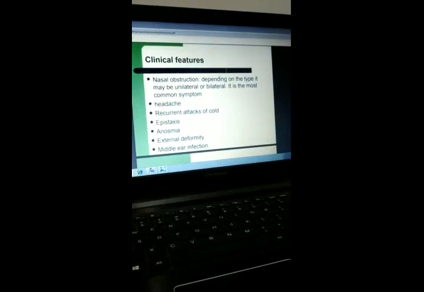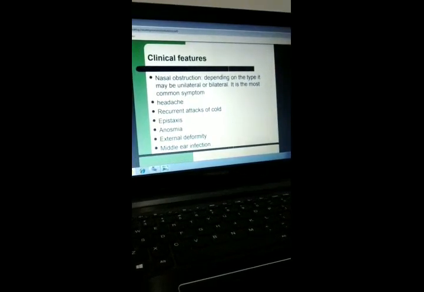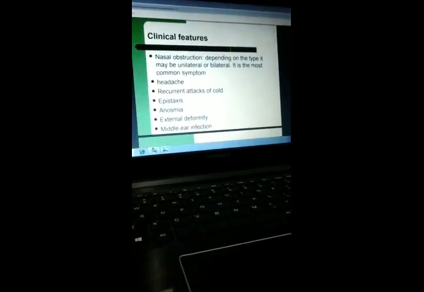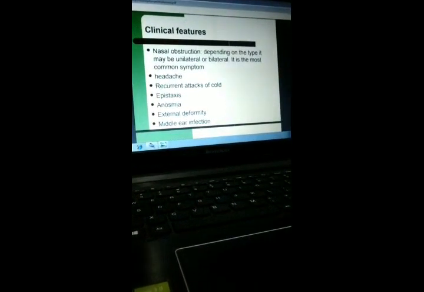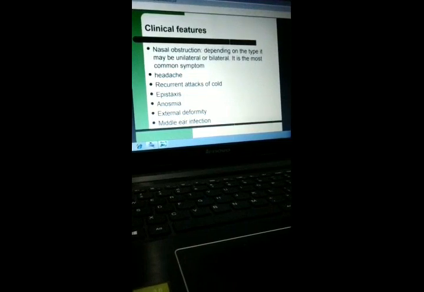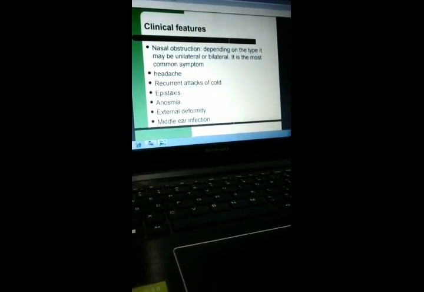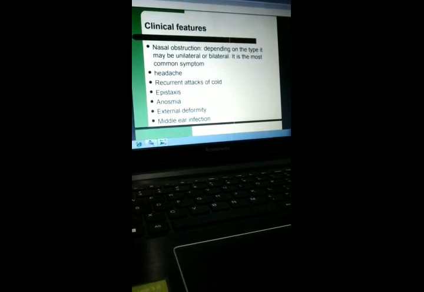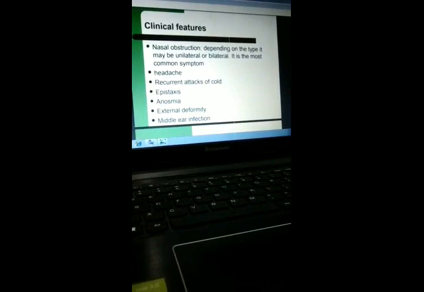As we know, the upper third of the nose has the olfactory nerves, and that is responsible for sense of smell. So when there is lack of aeration, the sense of smell is decreased.